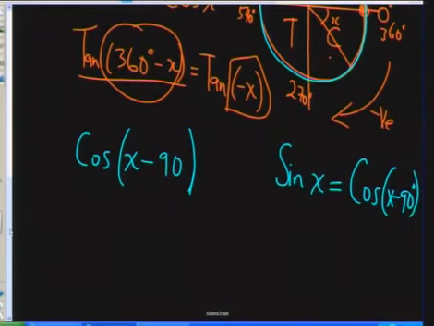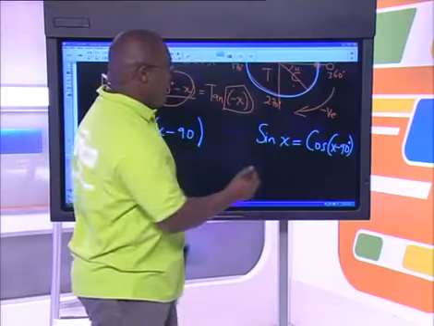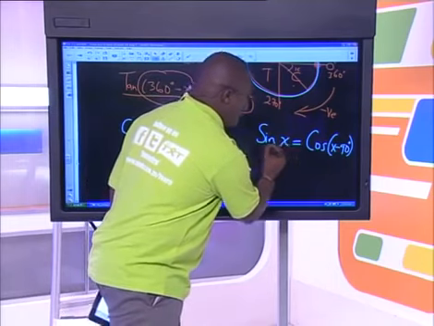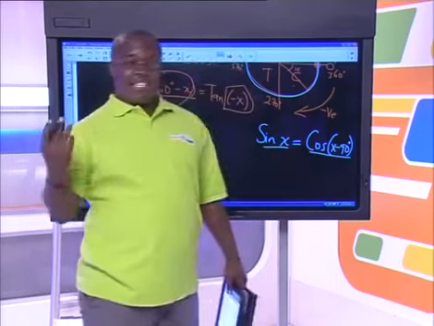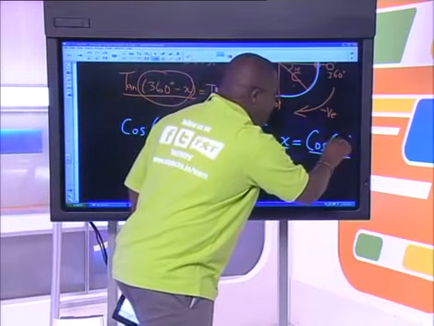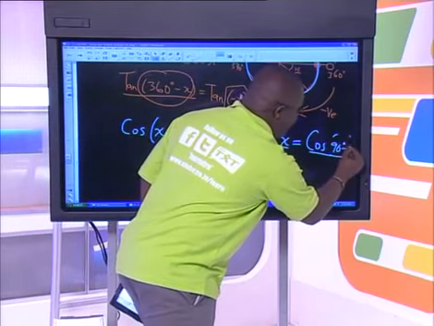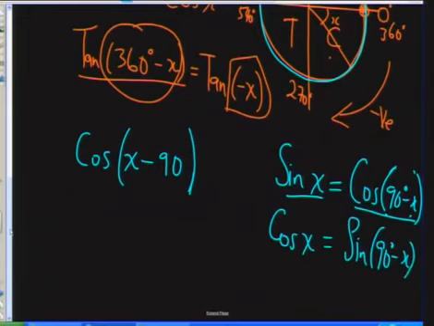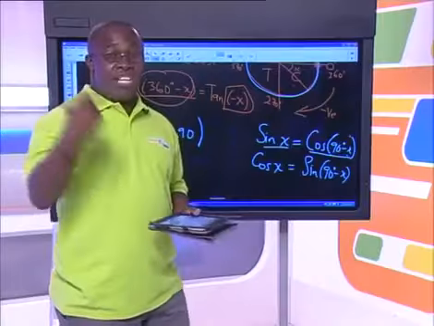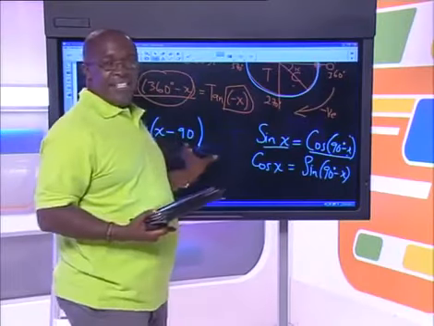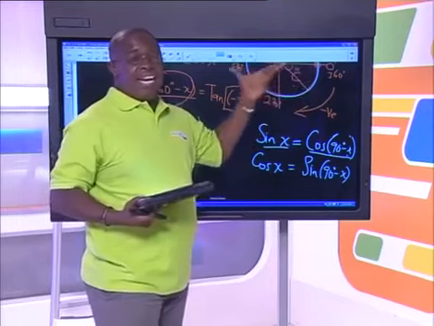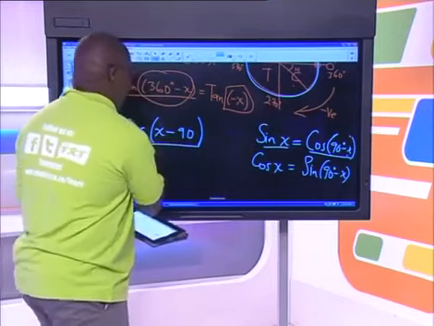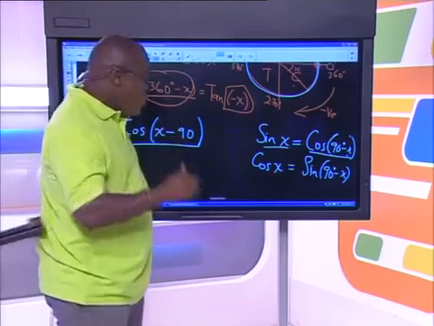If two angles are complementary, they have this type of relationship where the sine of x is equal to the cos of 90 degrees minus x, and also cos of x is equal to sine of 90 degrees minus x. With this knowledge, I am going to use it to come up with a simplified version of this.